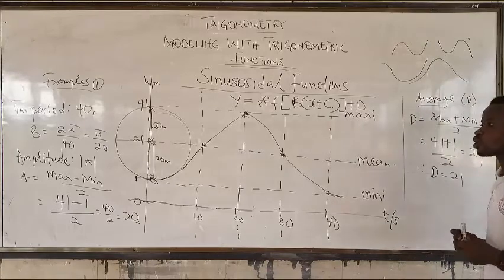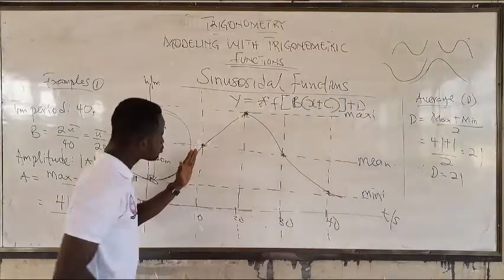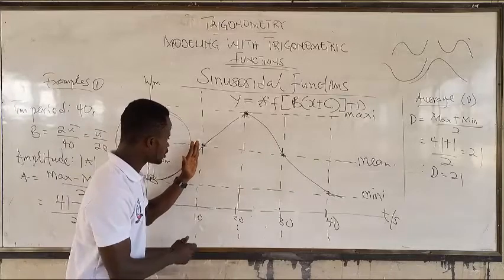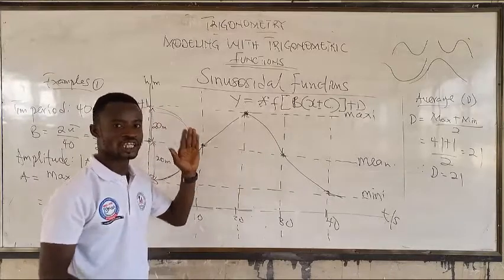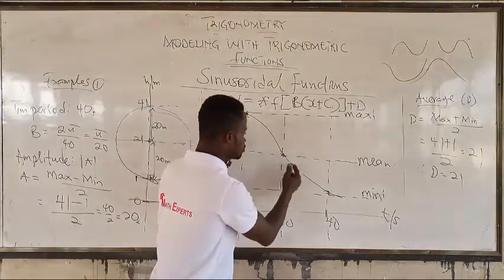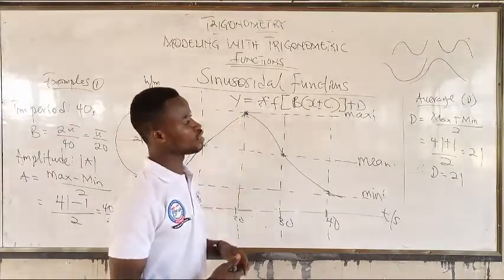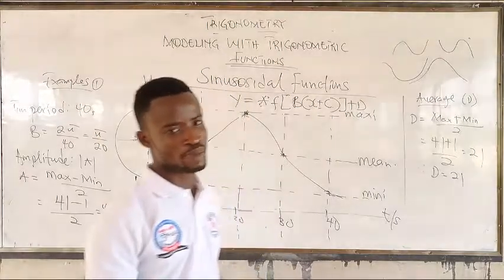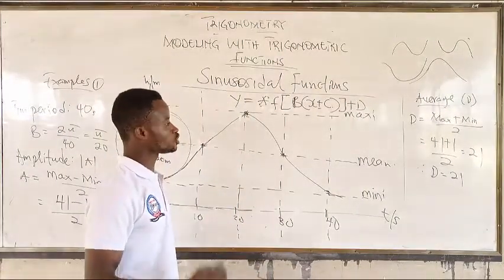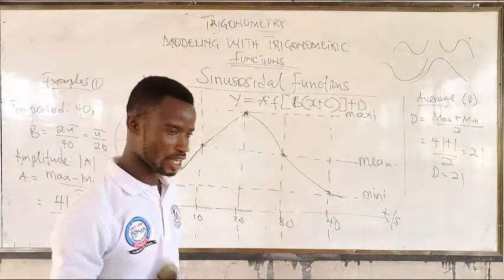Very good. So for it to be a sine function, it will start from 10, and for it to be a cosine function, it will start from 20. So the equation depends on you, whether you want to use the sine or the cos.